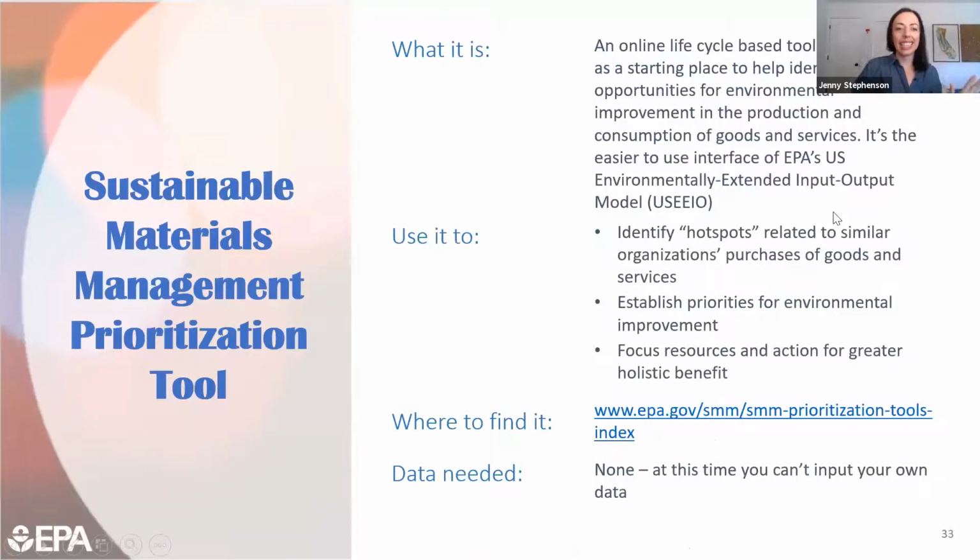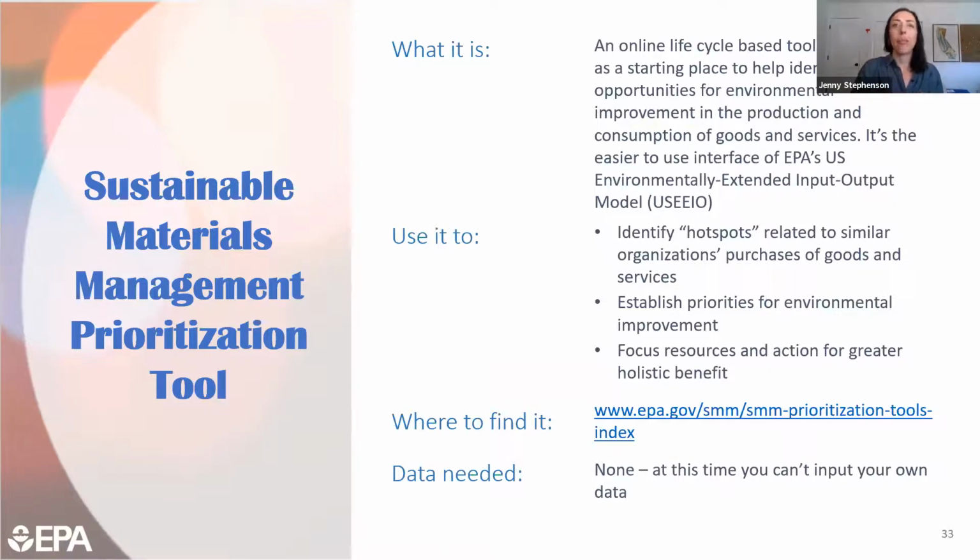And then lastly, this Sustainable Materials Management Prioritization tool. The main takeaway with this tool is that it's essentially an invitation to look upstream. This tool is based on a more complex model, EPA's US Environmentally Extended Input-Output model, which at a very national level takes economic data from industries and associates the environmental impacts of those.